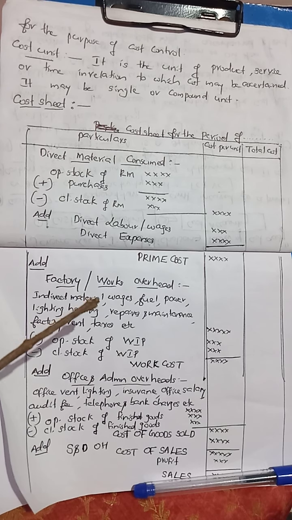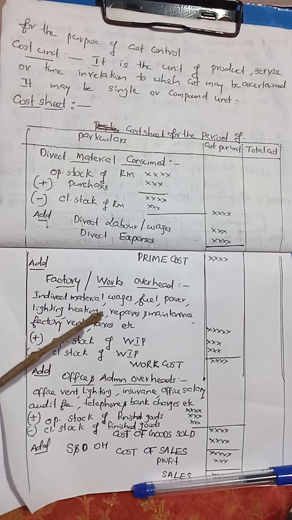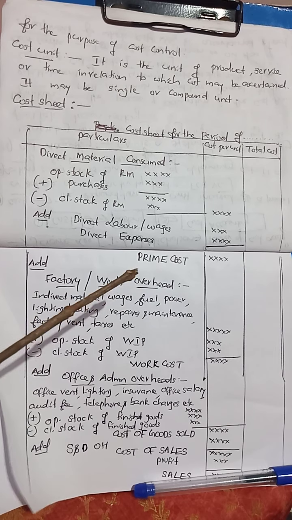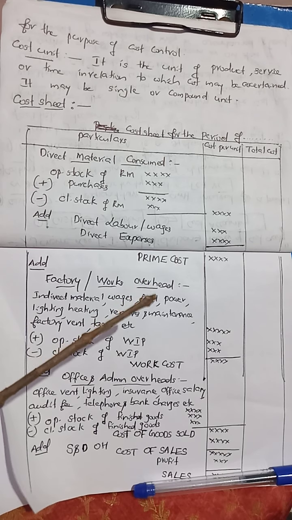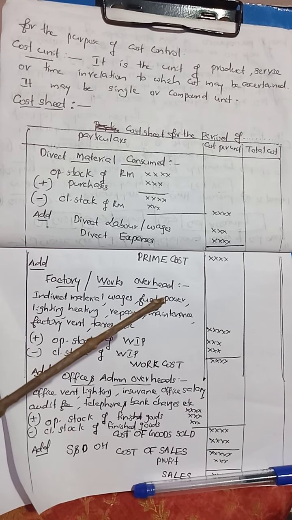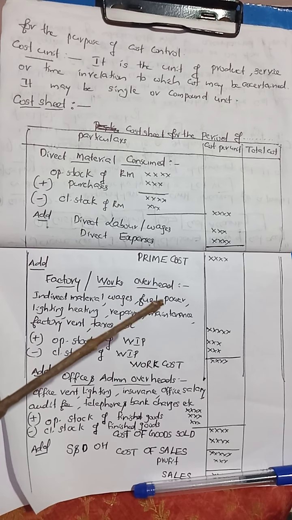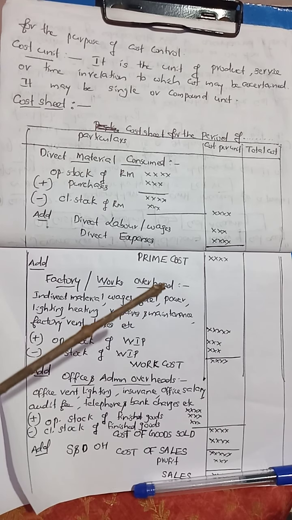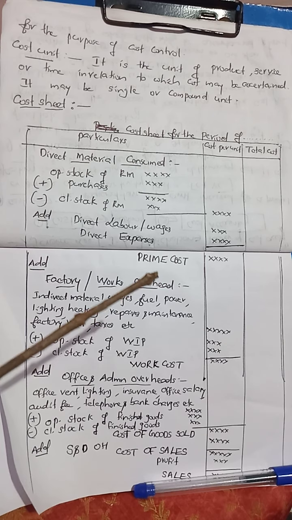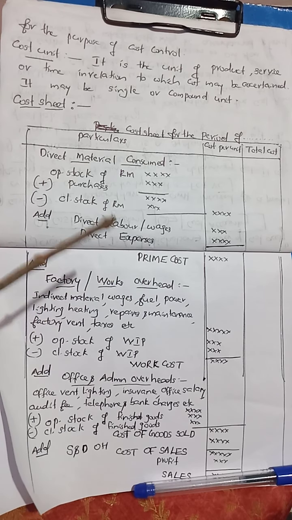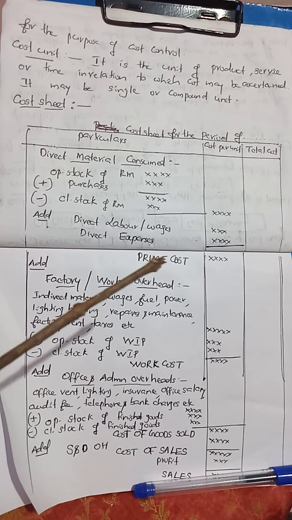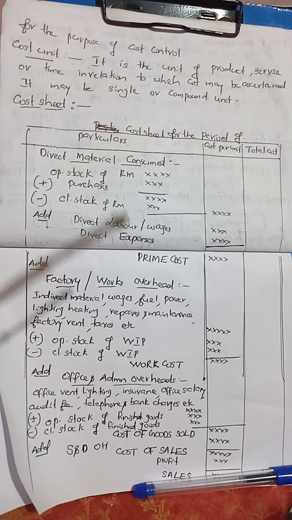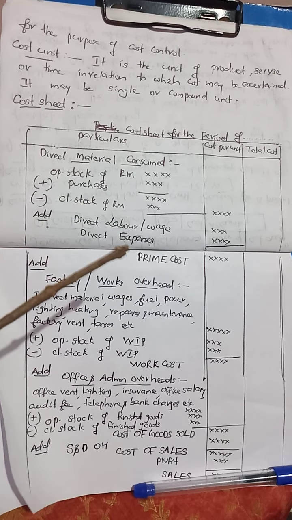Overhead is the sum total of all indirect material, all indirect expenses, and all indirect labor charges. Prime cost is the sum total of all direct material, direct labor, and direct expenses, and overhead is the sum total of all indirect material, indirect labor, and indirect expenses.